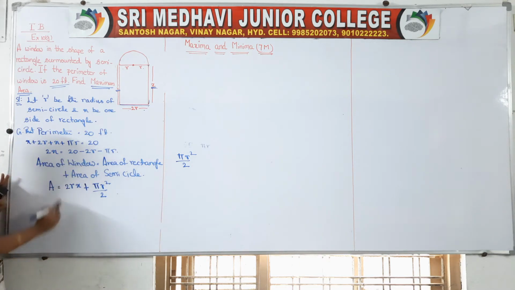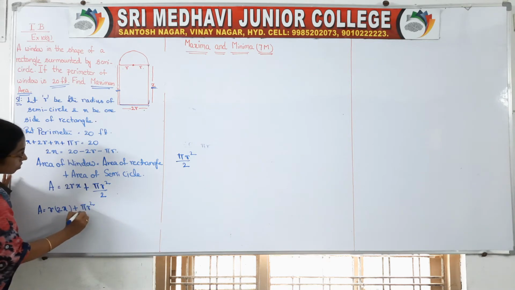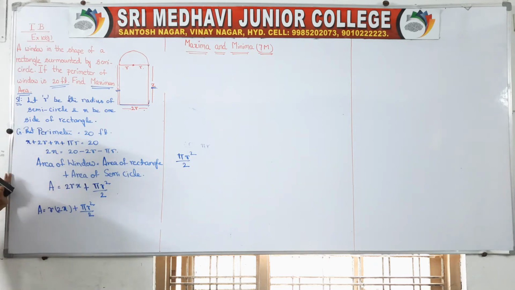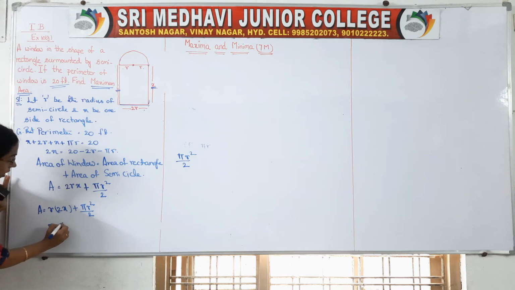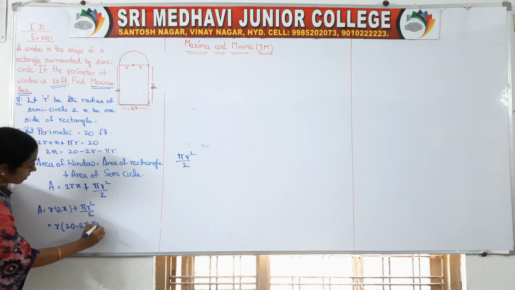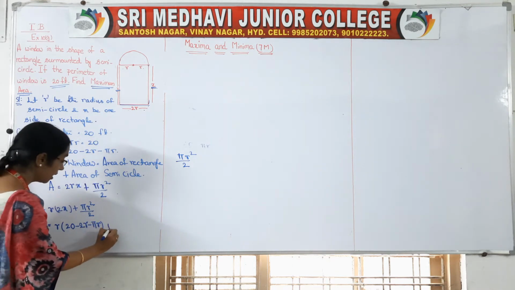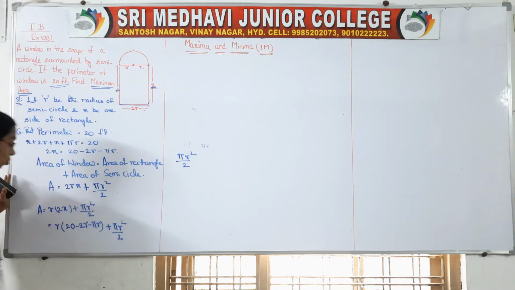Here we can write area is equal to R into 2X plus pi R squared by 2. What is your 2X? 2X is this one. So R into 20 minus 2R minus pi R, plus pi R squared by 2.